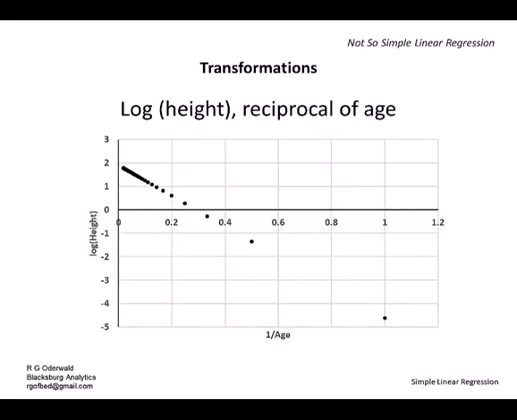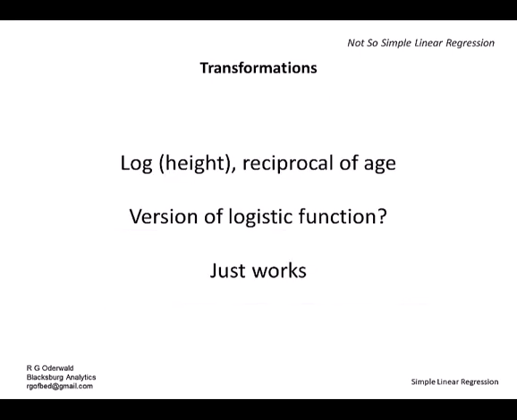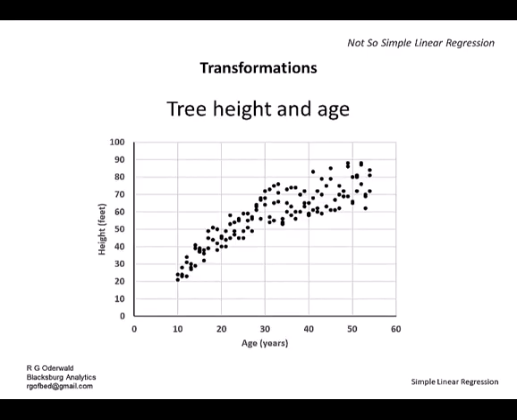The transformation of logarithm of height and reciprocal of age produces a straight line with a negative slope. This transformation can be justified as a version of a logistic function, but mostly it just makes the relationship linear. This graph shows tree height by age. All trees are 10 years and older, so we are missing the slow growth of young trees.